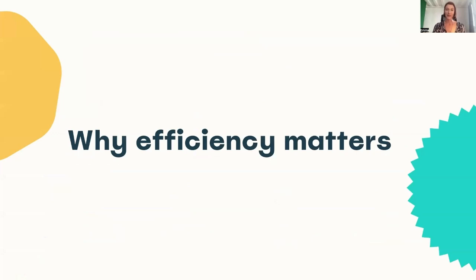One of the themes today is efficiency, and you're probably wondering why efficiency matters. That might sound like a silly question, but it's an important one to address before we move on. If you're in the short-term rental industry, the vacation rentals world, you've got a lot of different tasks you're juggling every day. And if you can't be efficient and make the most of your time, you're going to struggle to keep your guests happy, manage your team, and grow your business, which I imagine is the goal for a lot of people here today.